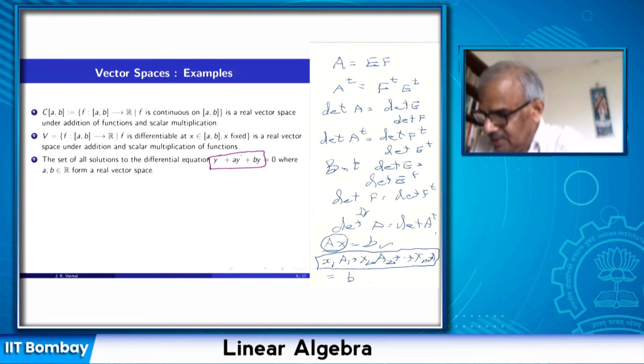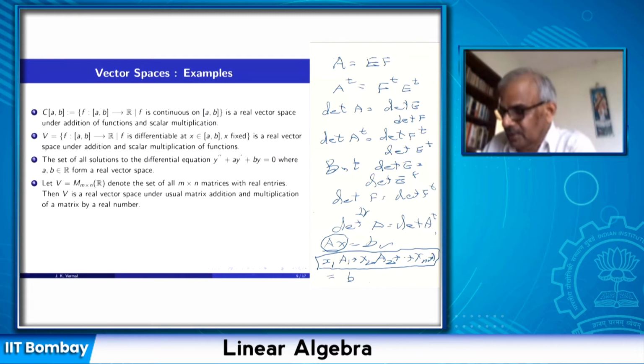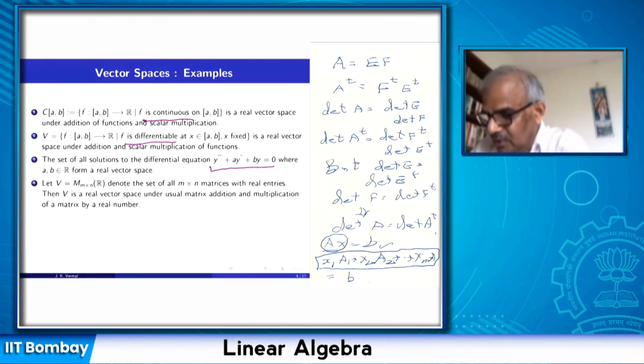If a and b are real numbers, then the set of all functions, which have to be twice differentiable, forms a real vector space. So solutions of a homogeneous differential equation, differentiable functions, continuous functions, all of them are vectors. Such a variety of objects are forming vector spaces.